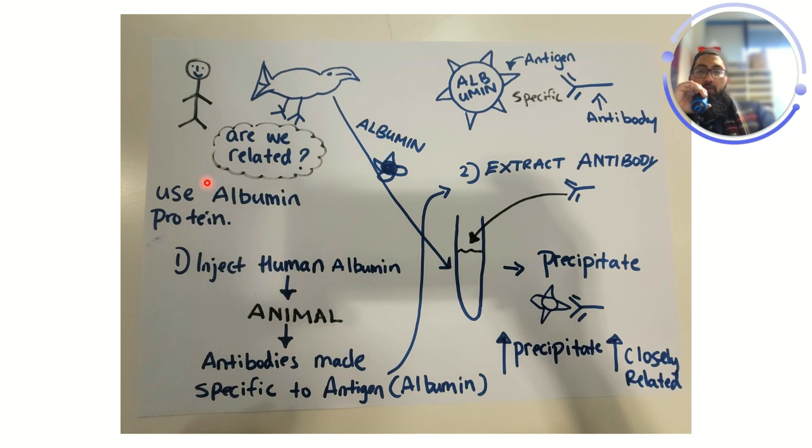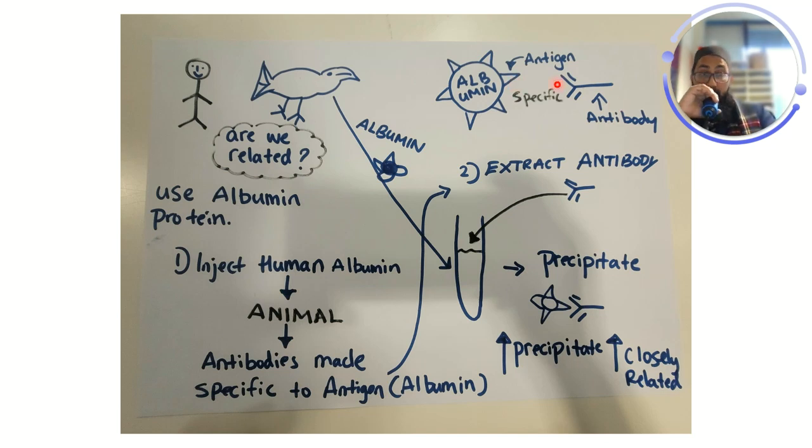Okay, so first thing what I'll do is, before we do that, let's go here. This is the albumin protein. On the outside of the albumin protein, you have these antigens. These antigens are very, very unique and specific. That's the word, specific. The shape is very specific. Now, antibodies will bind to them if the body thinks it's foreign.